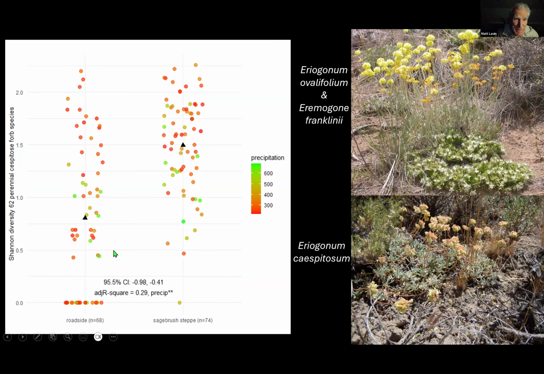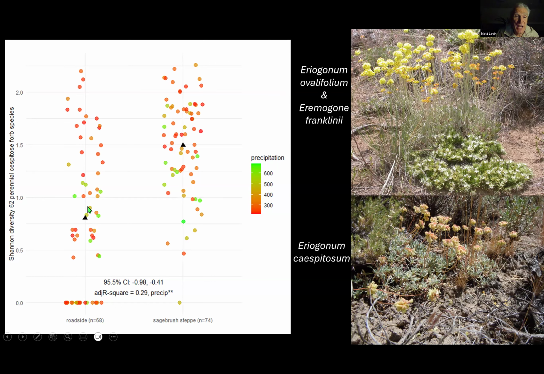And then the perennial cespitose forbs, the cushion plants, like this sandwort, Eremogone, I still call Arenaria franklinii, Eriogonum ovalifolium, Eriogonum cespitosum, and so on. There was a total of 62 perennial cespitose forb species sampled in this study. You can see that many roadside transects did not have any, and the 99.5% confidence interval does not encompass 0.